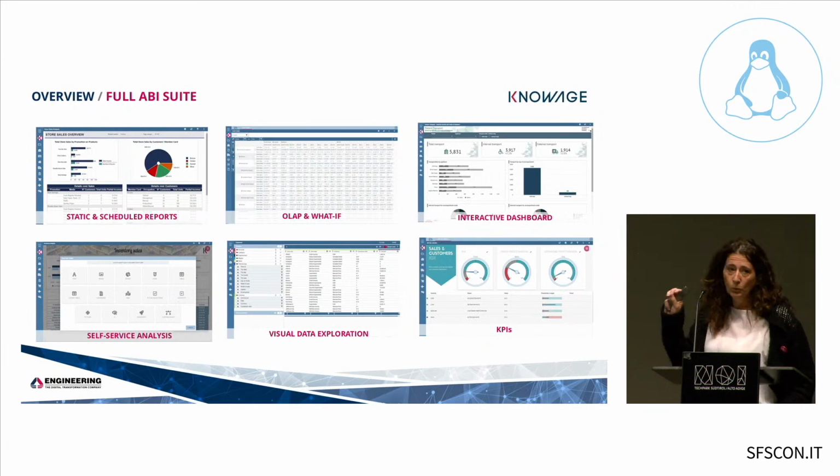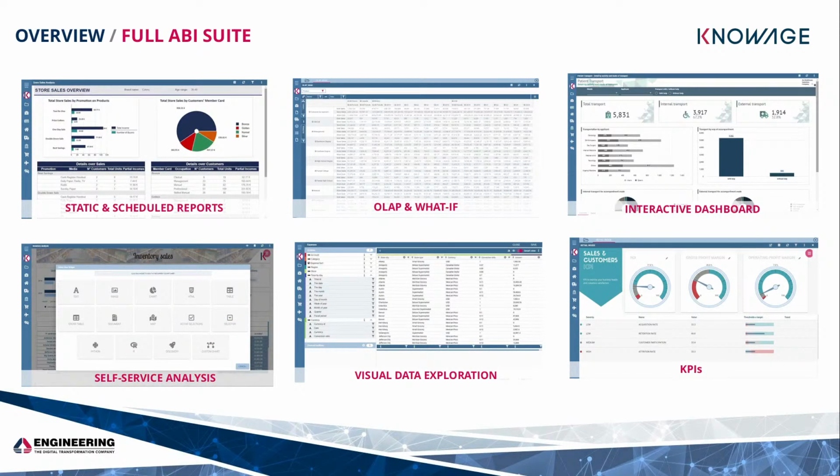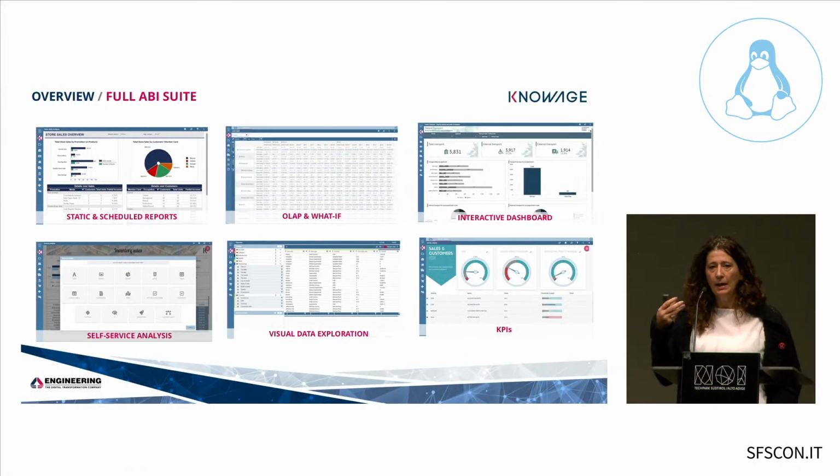So, just a few pictures to show you what ABI means. That means providing static report capabilities, the traditional reporting, such as a well-structured PDF that you can produce online or in a batched way on a scheduled basis, or you can go towards more interactive analysis, such as OLAP, that is the basis also for what-if analysis over hierarchical dimensions and measures.